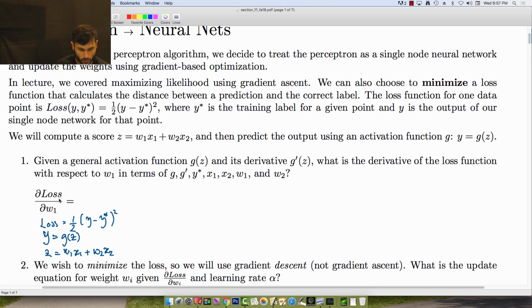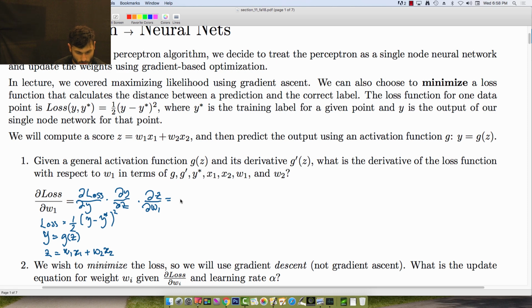So we can compute this derivative of the loss just applying the chain rule, and then we have the derivative of the loss with respect to W1 is equal to the derivative of the loss with respect to y times the derivative of y with respect to z times the derivative of z with respect to W1.